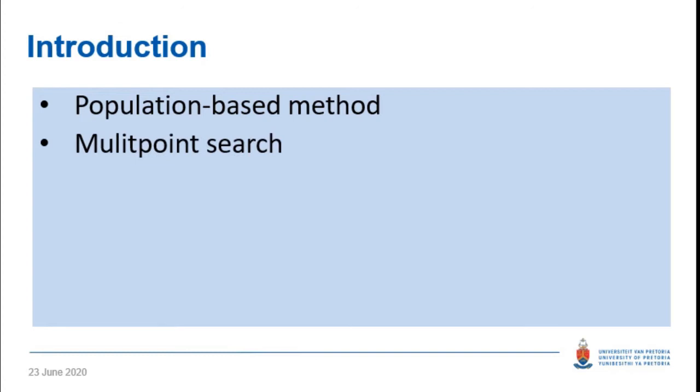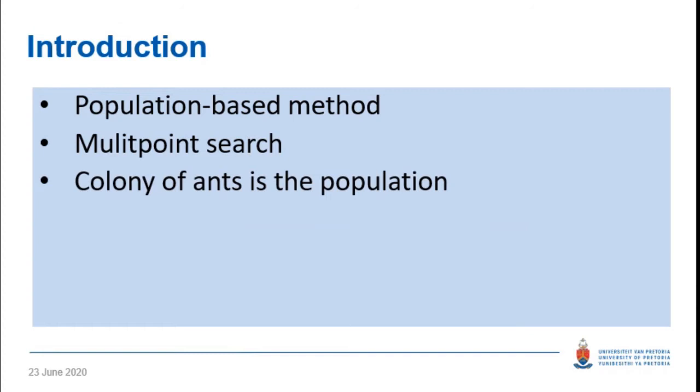When we have a population-based method, we also say this is a multi-point search, because each point in your population is representing a particular point in the search space, and therefore it's a multi-point search. As I just mentioned, your colony of ants is a population, and your ants then try and find different solutions that can be used to solve the problem. Some solutions will be of better quality than other solutions.